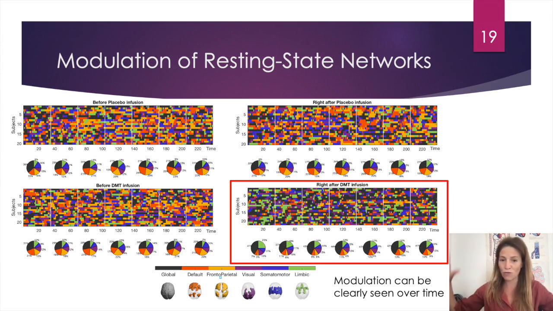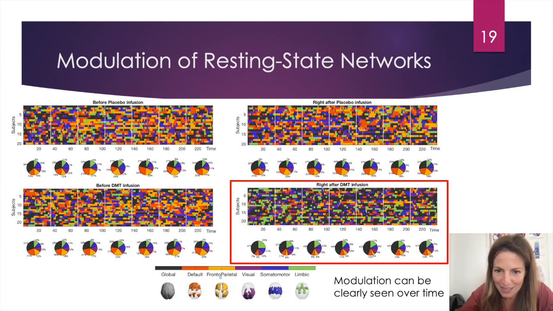And if we look overall at these patterns, we see that the distribution of colors seems quite consistent across these 3 conditions, non-DMT. And as DMT is infused, indeed we find more green, particularly in the beginning, right after the infusion. So these are divided into minutes, let's say.